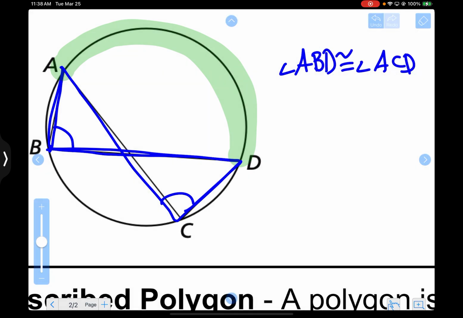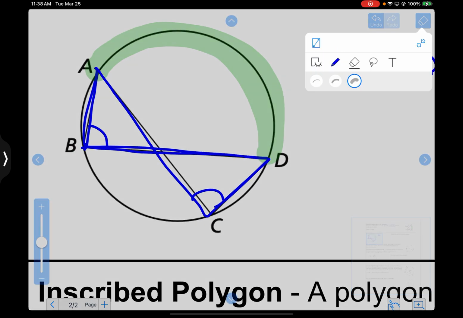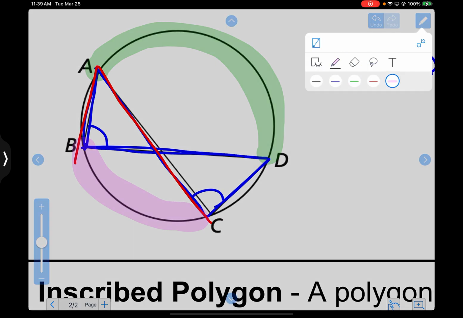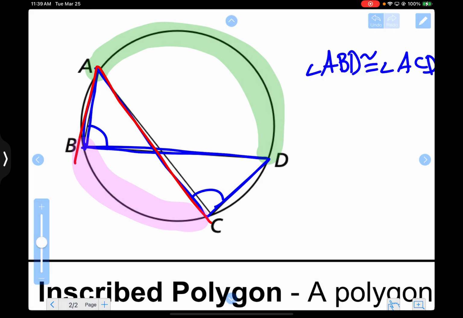But if we look at it a different way, with a different color, if I look at angle BAC, I'm going to pick a different color for my highlighter. So we're looking at arc BC, and now I'm going to look, is there another angle there? And so we've got angle BDC.